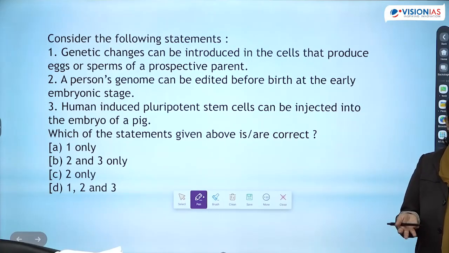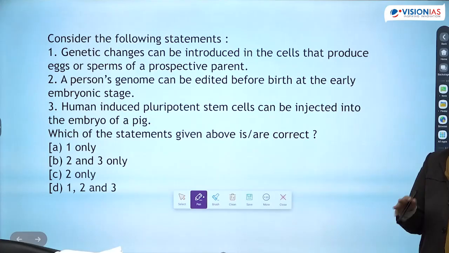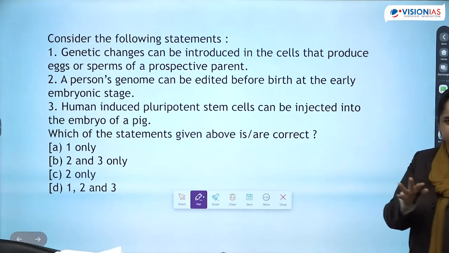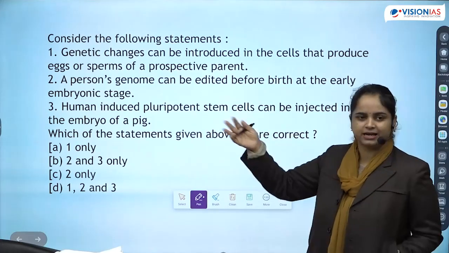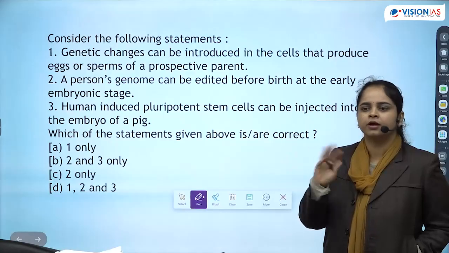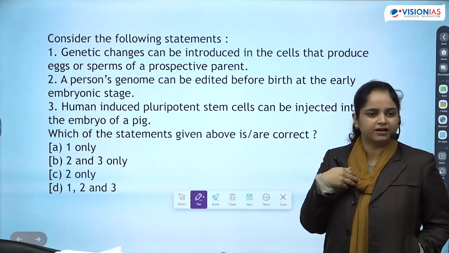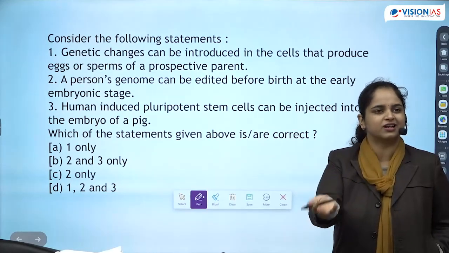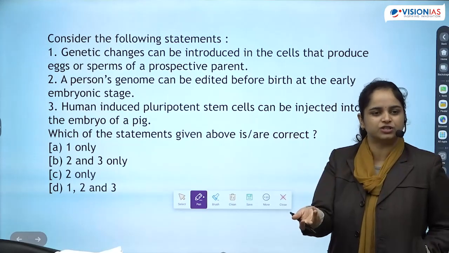I've told you if the number of cells are less, it's the chances of having those changes in the next generation. Of course, अगर आप किसी के eggs, cells या sperm producing cells change करोगे, तो that change will not be reflected in the person, but in the next generation, right? जब वो sperm fertilize करके baby बनाएगा, उसमें वो change आएगा.